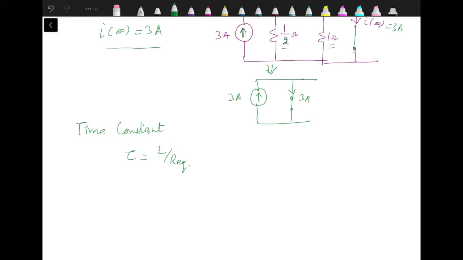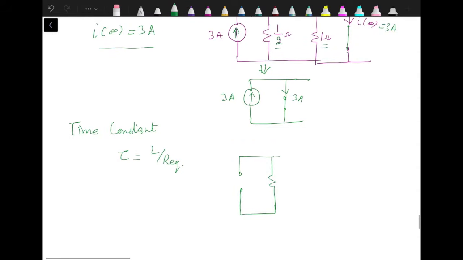Now let's draw the circuit. The current source, it will be replaced by open circuit, 1 by 2 ohm resistance, 1 ohm resistance, and then here we have inductor terminals from where we need to calculate R equivalent. Now how 1 by 2 and 1 ohm are connected?